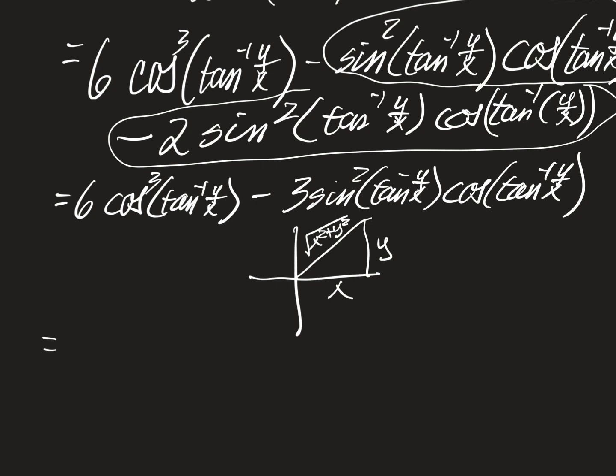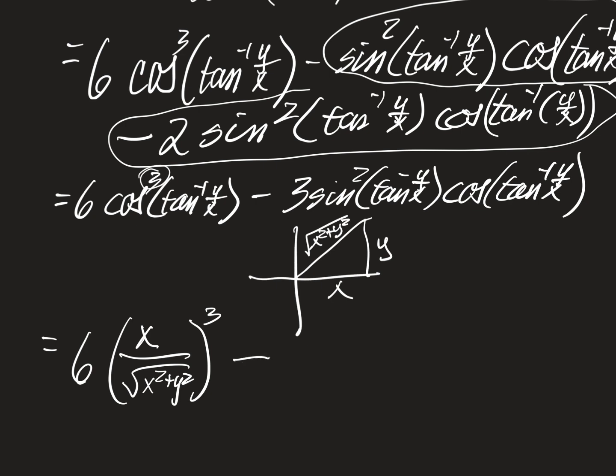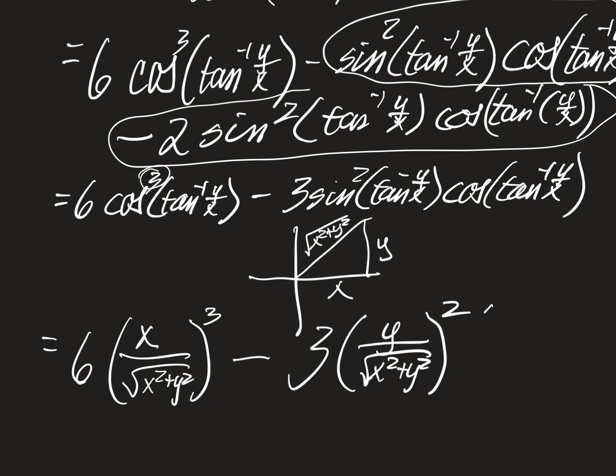So I'm going to get equals 6 times x over the square root of x squared plus y squared cubed, because I got the cubed on the cosine, minus 3, and the sine squared is y over that. So I'll have y over square root of x squared plus y squared squared times the cosine of that, which is x over square root of x squared plus y squared, right here.